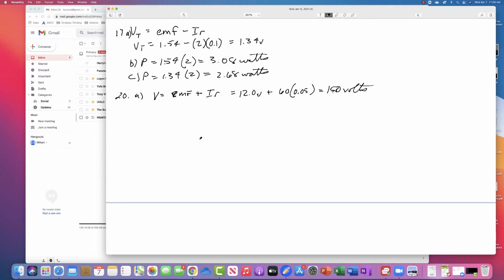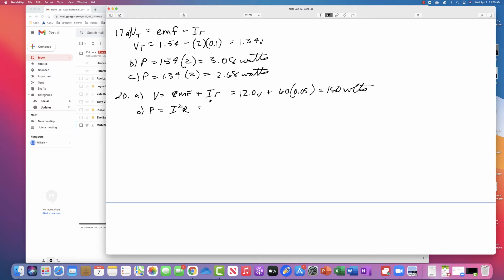Okay, the second question on number 20 is, at what rate is thermal energy being dissipated in the battery? Okay, so for B, the power is equal to I squared times R. Now this is the same as saying V times I, because V is equal to IR, so that's where I squared comes from.